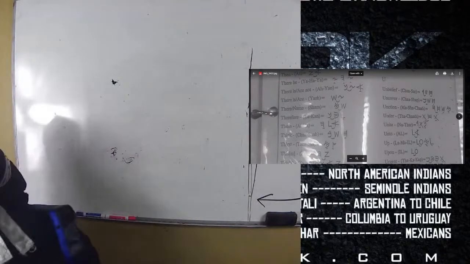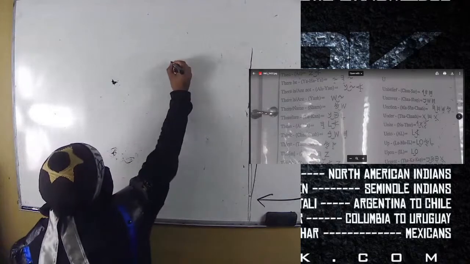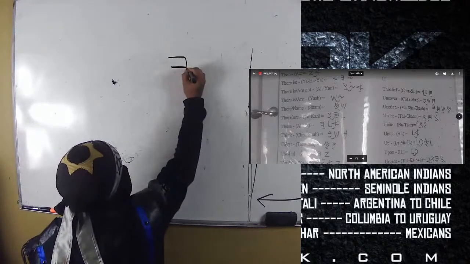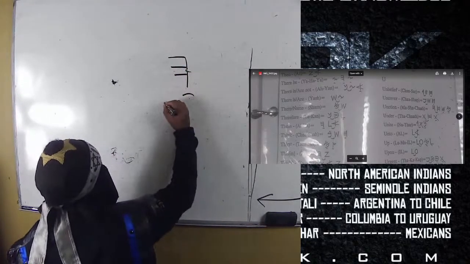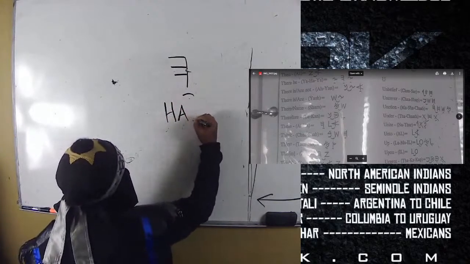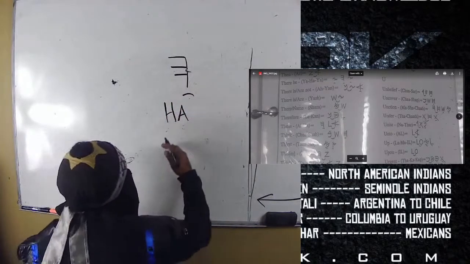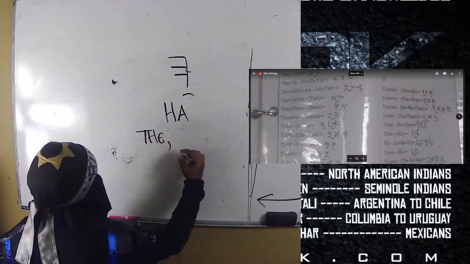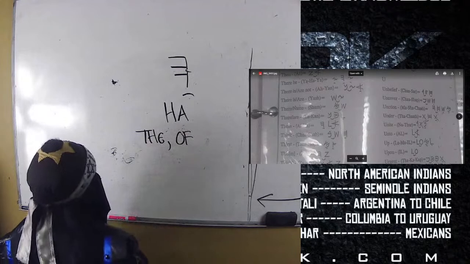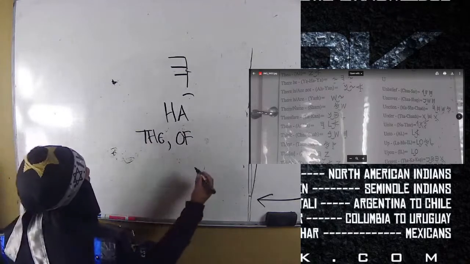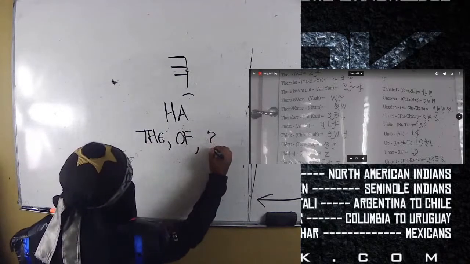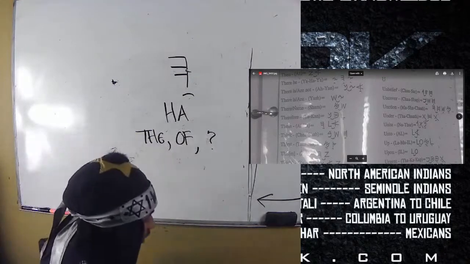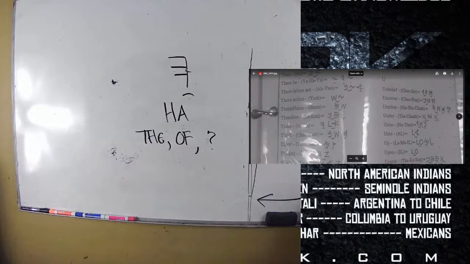All right? Now I'm going to give you what I wanted to give you for ha. Character ha. And this character ha is at the beginning of a root word. Ha means the. It's also used as of. And it also forms a question. It's like a question mark, it's forming a question that you're asking somebody something.